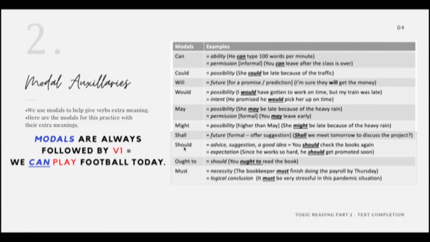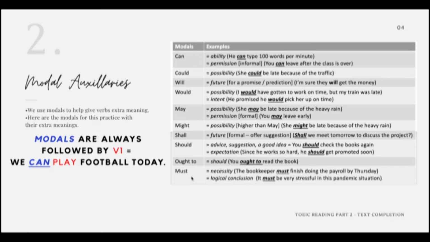And then should itself shows advice, suggestion, or a good idea. For instance, you should check the books again. And it also shows expectation. The example is, since she works so hard, she should get promoted soon. The next part would be ought to. This is also the same as should.